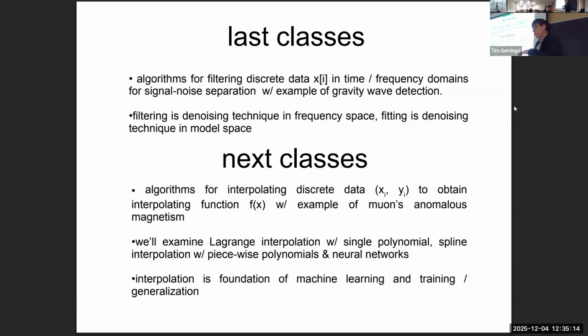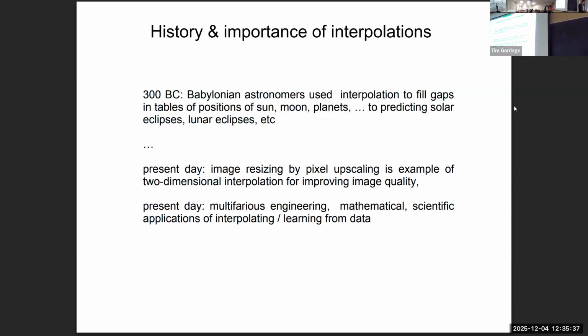So the work that we do on interpolation in today's class and in next Tuesday's class is a sort of foundation of what goes on in machine learning. Because interpolation is fundamental in machine learning.